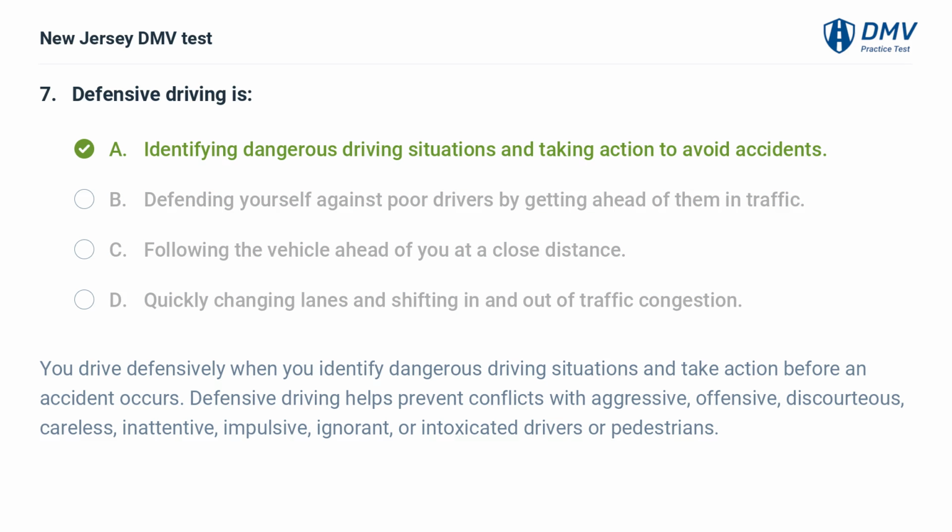A. Identifying dangerous driving situations and taking action to avoid accidents. You drive defensively when you identify dangerous driving situations and take action before an accident occurs. Defensive driving helps prevent conflicts with aggressive, offensive, discourteous, careless, inattentive, impulsive, ignorant, or intoxicated drivers or pedestrians.